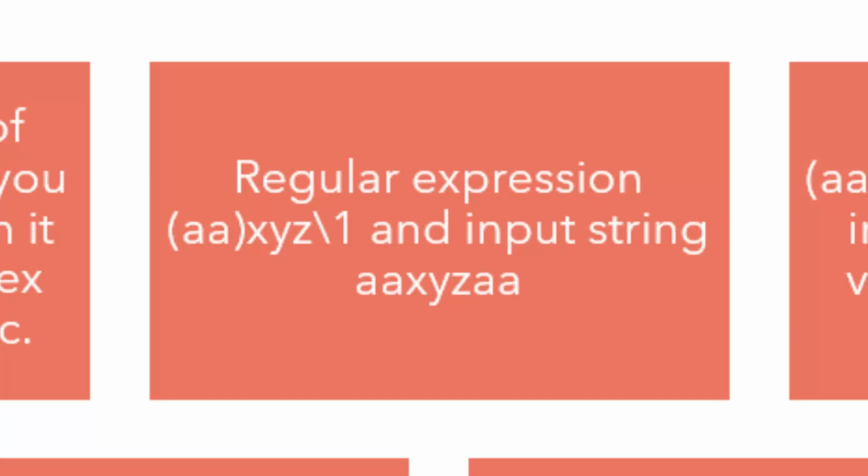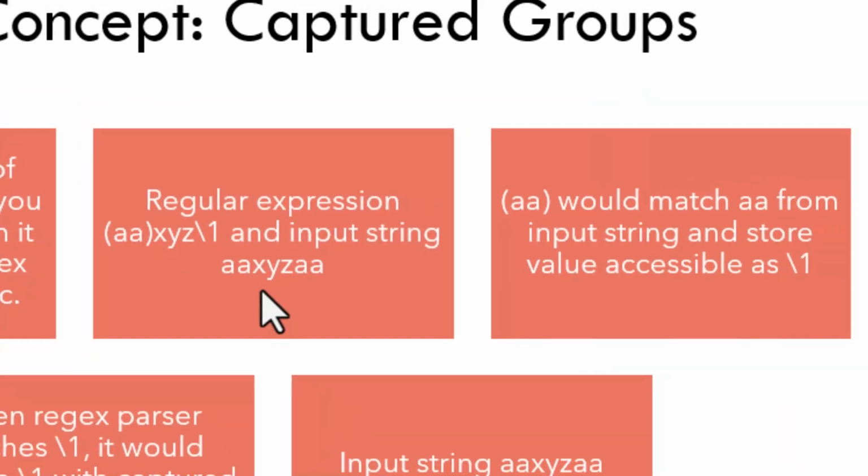Now capture group would attempt to match AA with input string and find a match right at index 0, that is AA. Now it would store the match result as value for first capture group, now accessible via \1. Captured groups are numbered in order of appearance, so first capture group in regular expression can be accessed later as \1, second as \2, etc.